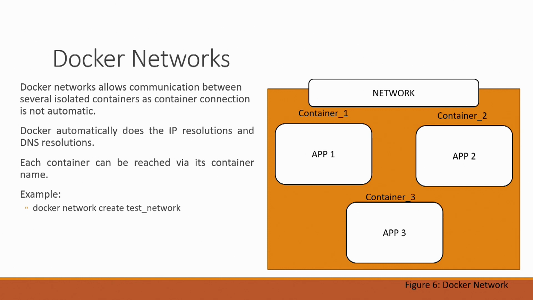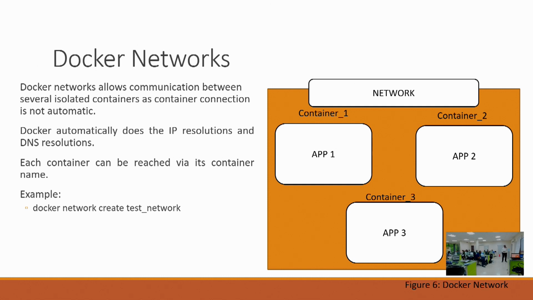So the next one is Docker networks. Normally we have different containers: container 1, container 2, container 3. How can they talk to each other? They all have ports. How can we enable them to communicate with each other? We can use a Docker network to enable them to talk to each other.